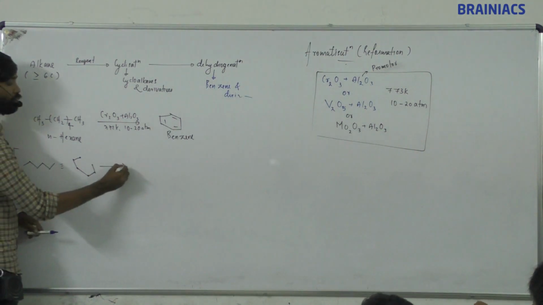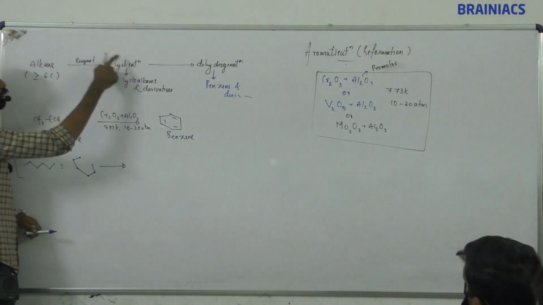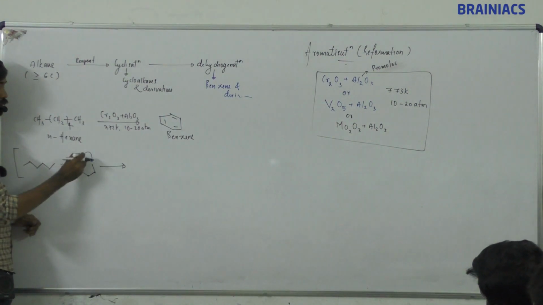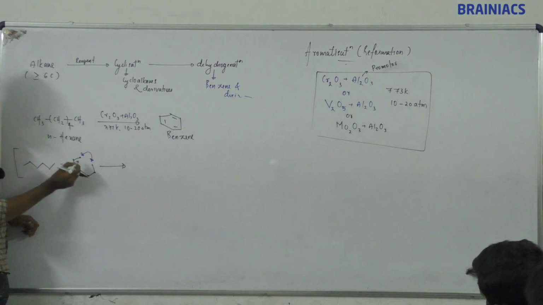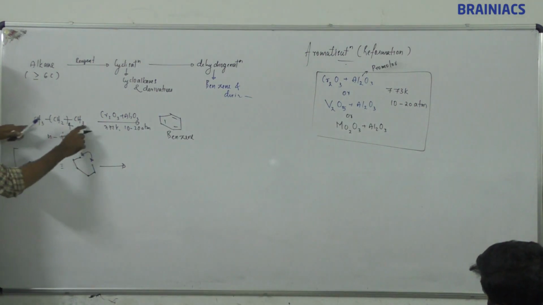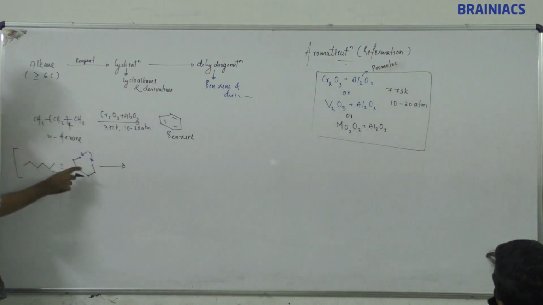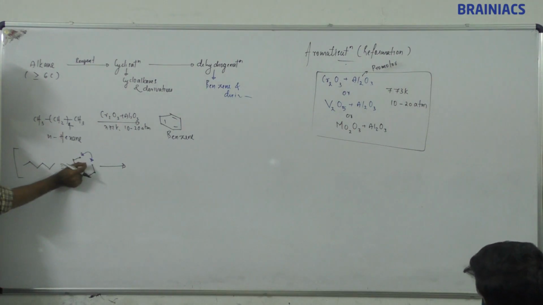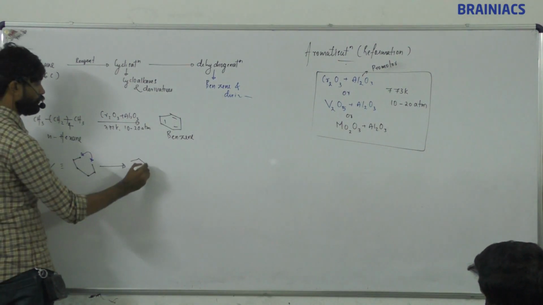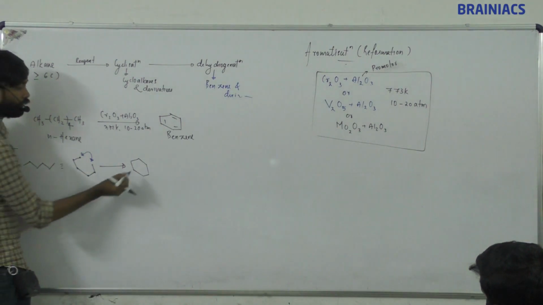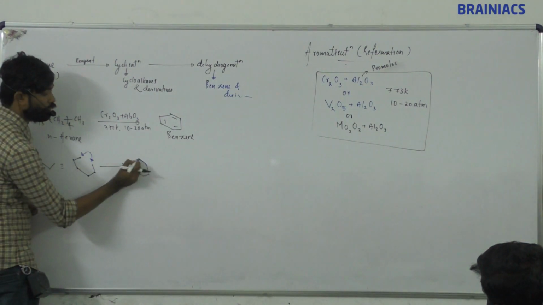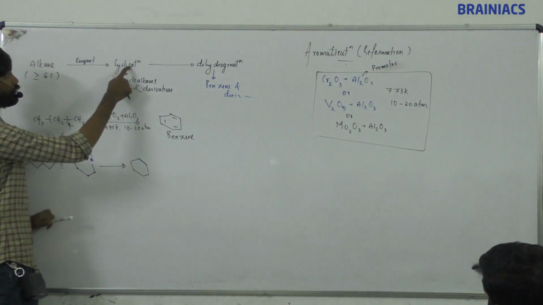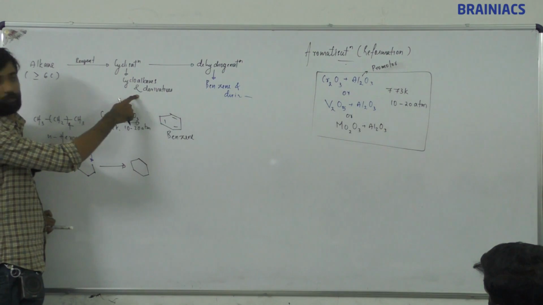In presence of the catalyst, reagent, cyclization. Cyclization means it forms a bond here. This is CH3, right? This is removed and forms a bond. So what happens? Cyclohexane. This is the formed bond. Now it forms cyclohexane.